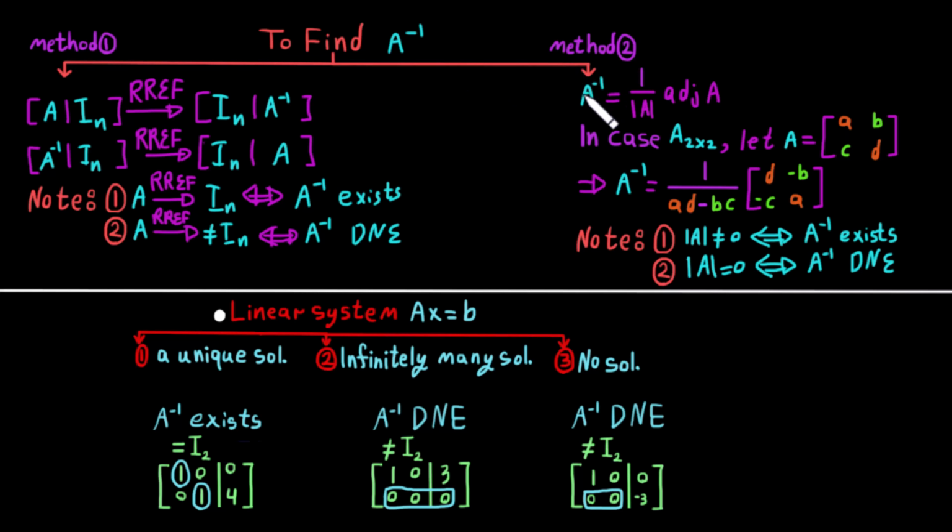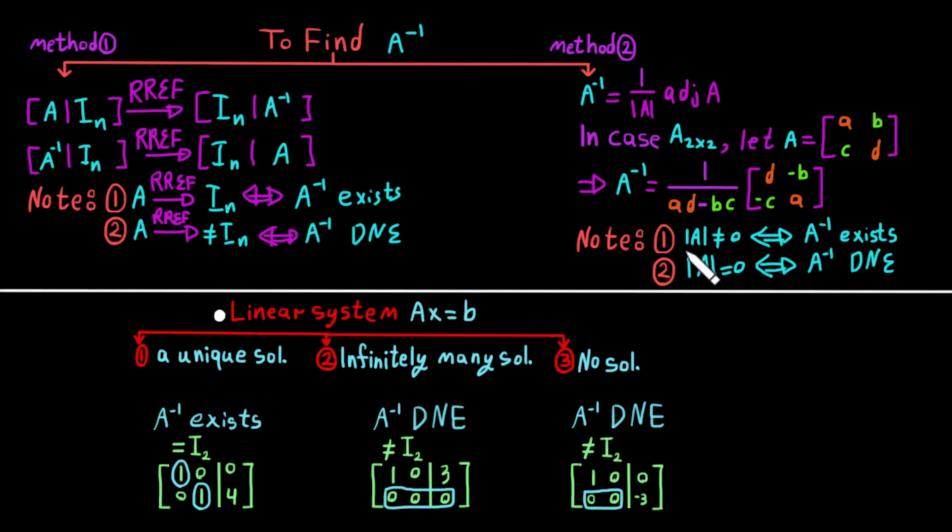The second method: you can find A inverse by finding the determinant and the adjoint, or as they call it, the adjugate, of A. And you can see here the determinant of A in the denominator. So if this equals 0, you have to know A inverse does not exist.